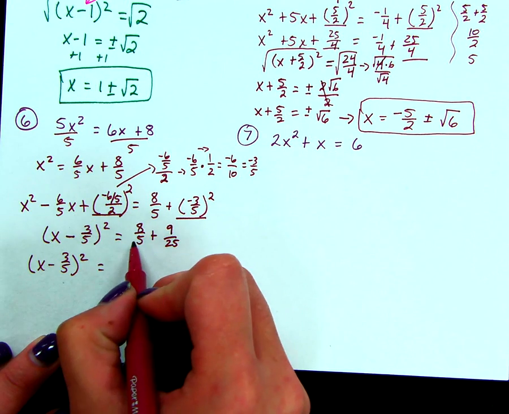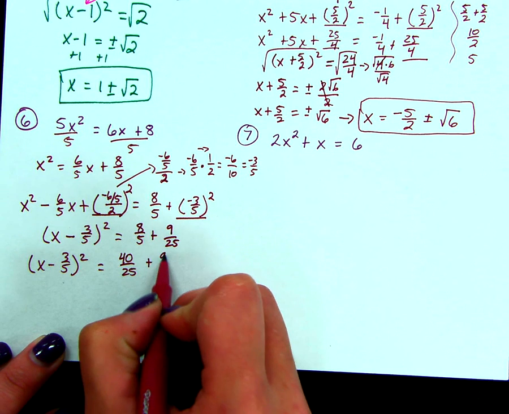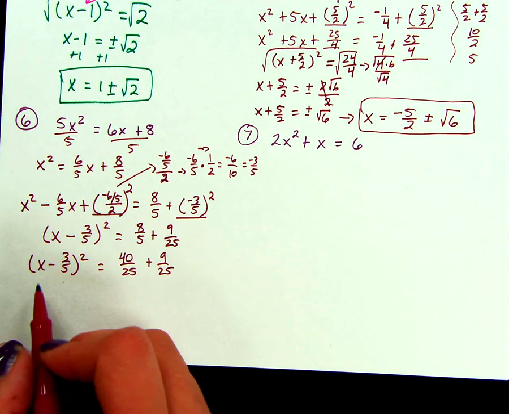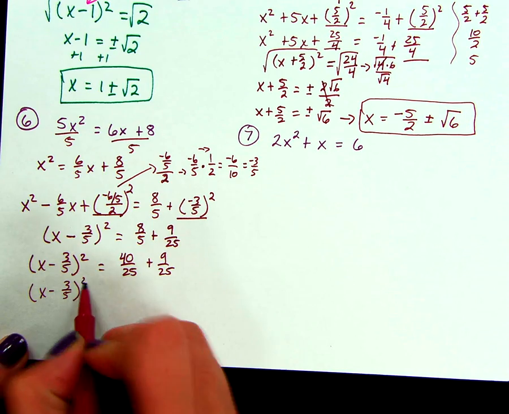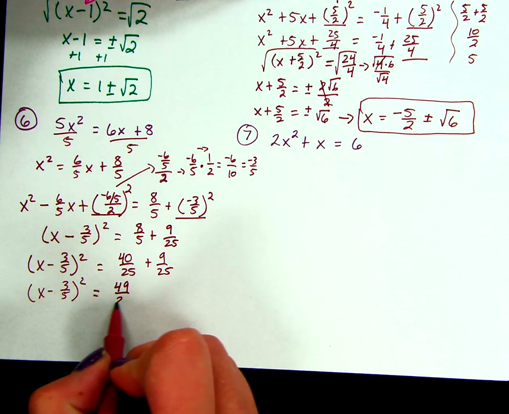equals, and if we multiply by 5, this will become 40/25 plus 9/25. We just combine the top part of our fraction now that we have a common denominator. So x minus 3/5 squared equals 49/25.